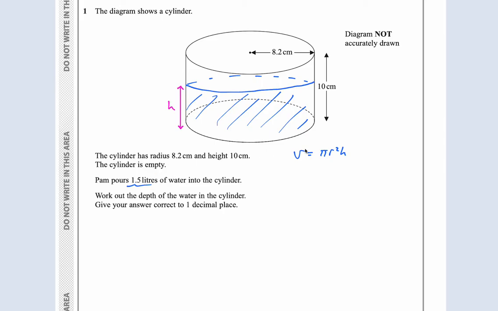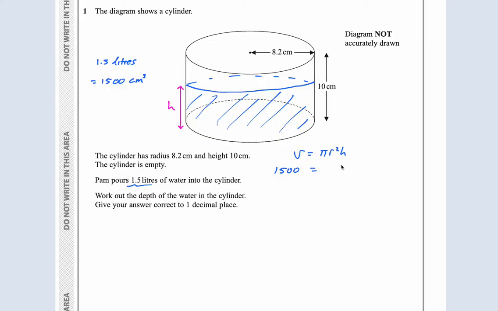Now guys, 1.5 liters is 1,500 centimeters cubed. I changed it to centimeters because the lengths are in centimeters, so that makes sense.